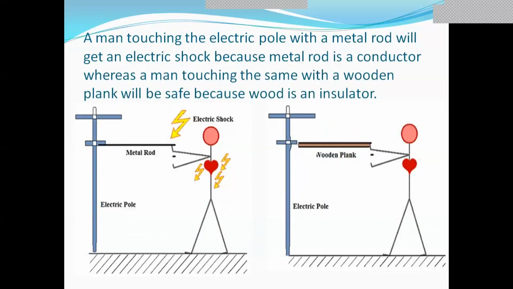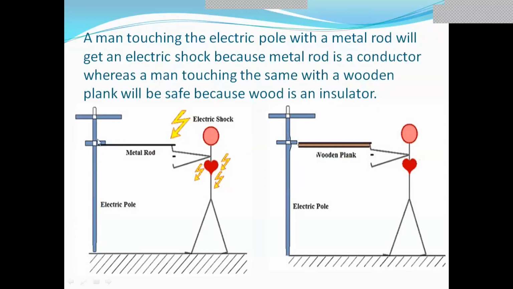In this picture, you can clearly see a person touching an electric pole with two different materials. In the first picture, you can see a man touching the electric pole with a metal rod, which he is holding with his hand.